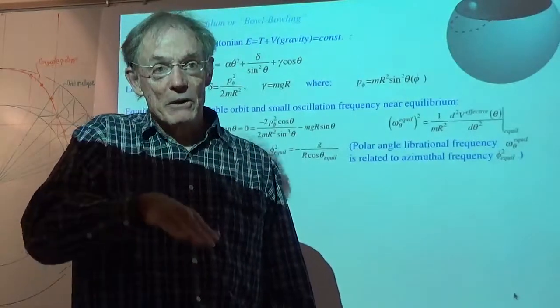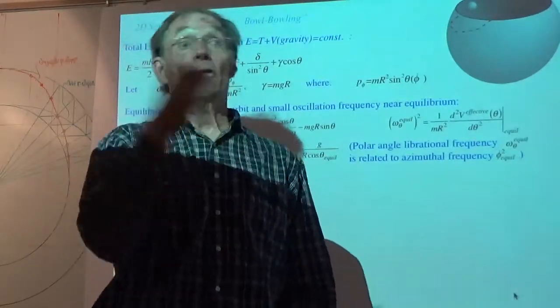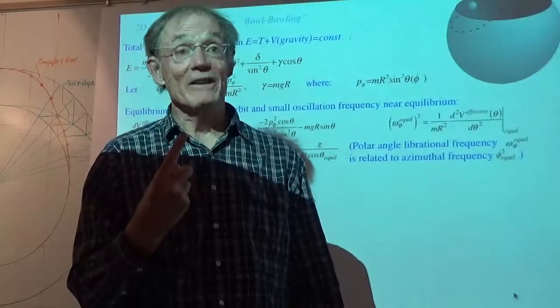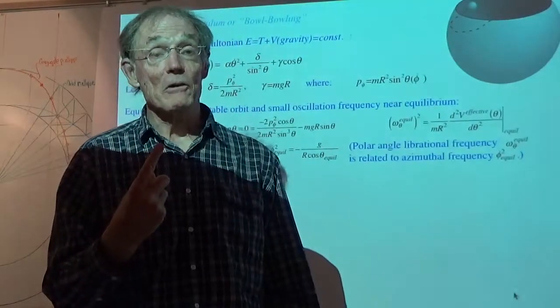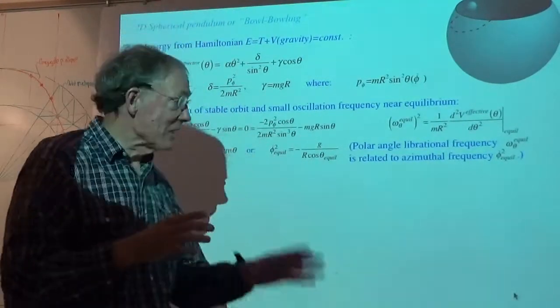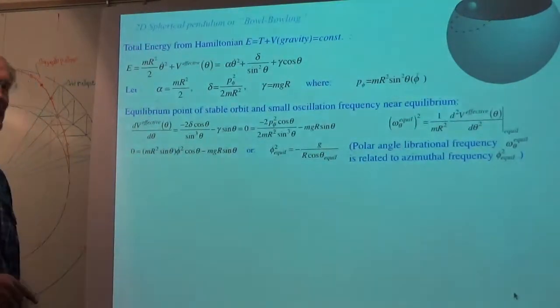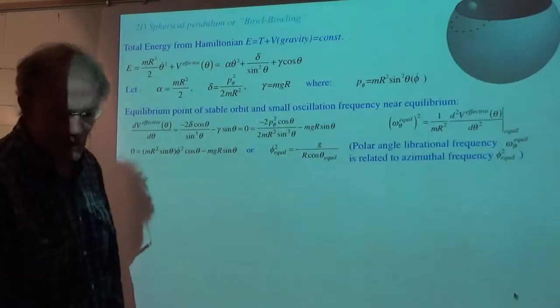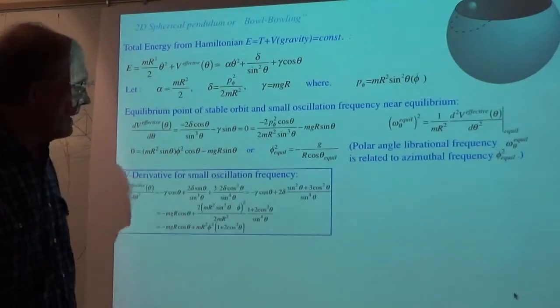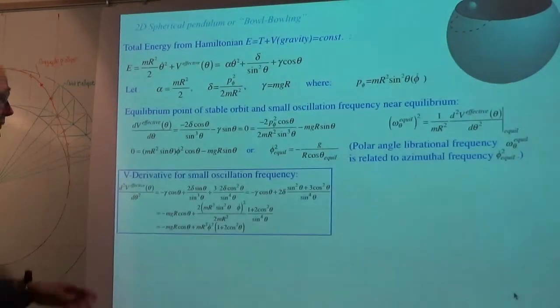So we're going to compare that frequency with the whole orbit frequency around the azimuthal coordinate phi. Okay, that's the main job here, to get a diagram like we took, these M to N diagrams.